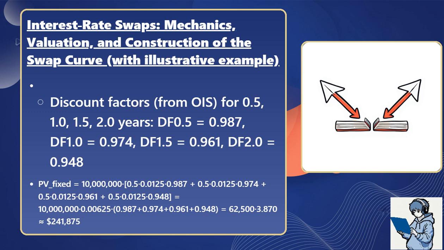PV fixed equals 10 million times [0.5 times 0.0125 times 0.987 plus 0.5 times 0.0125 times 0.974 plus 0.5 times 0.0125 times 0.961 plus 0.5 times 0.0125 times 0.948] equals 10 million times 0.00625 times (0.987 plus 0.974 plus 0.961 plus 0.948) equals 62,500 times 3.870, approximately $241,875.